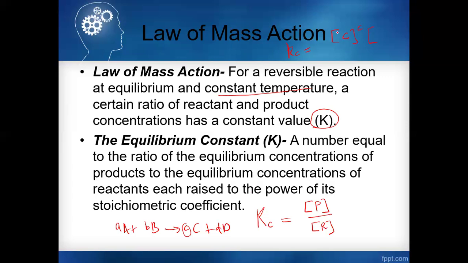And then for D, the stoichiometric coefficient we raise it over there, divided by the concentration of the reactants. Our reactants are A and B, so we say the concentration of A raised to the stoichiometric coefficient a, and the concentration of B raised to the stoichiometric coefficient b. This is how we express the equilibrium constant of a chemical reaction. That's what they mean here in words.